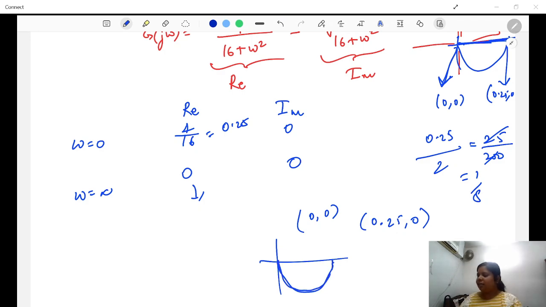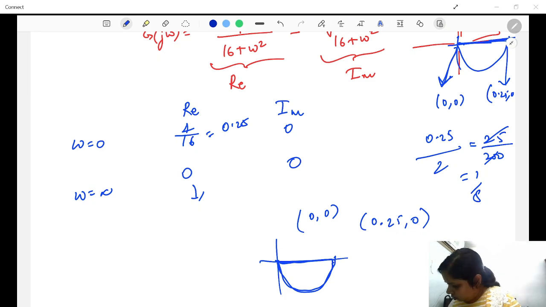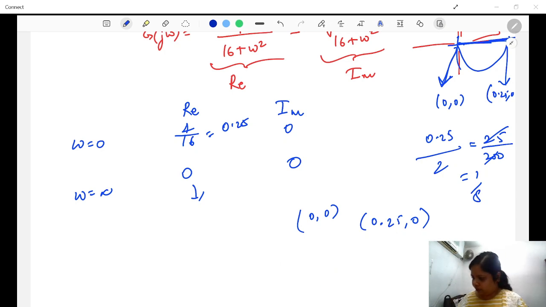So when I knew it is on the real axis, I could find that this is going to be my diameter. But let's say these were not my points for omega equal to 0 and omega equal to infinity.